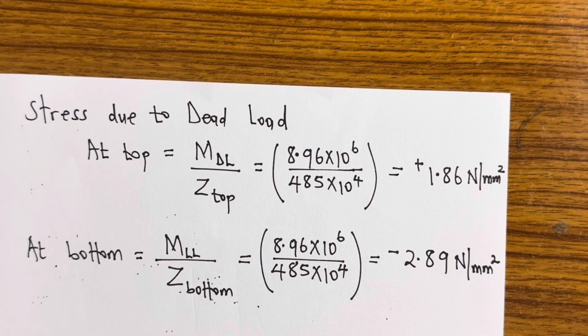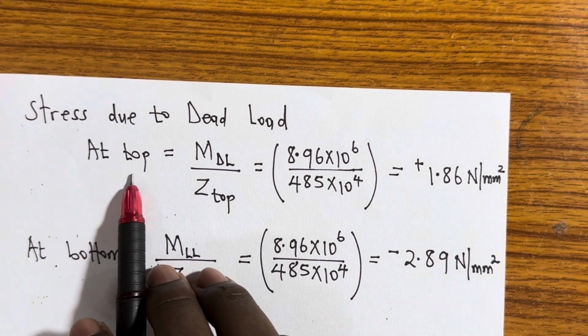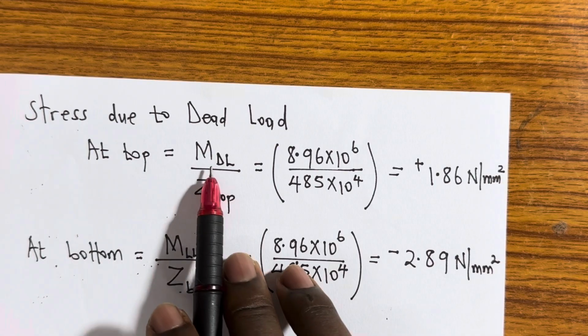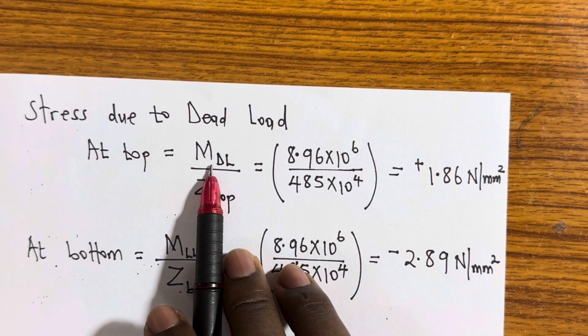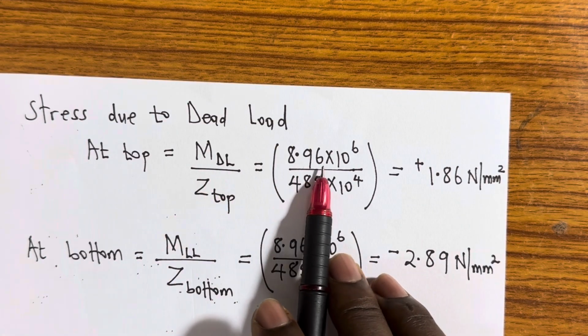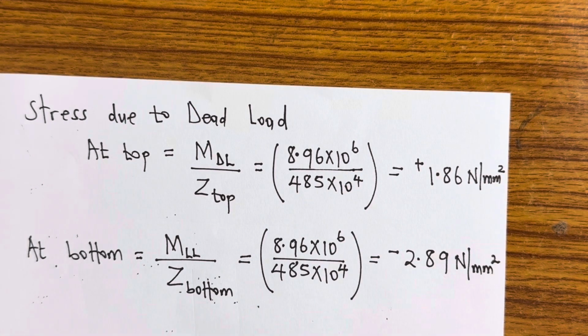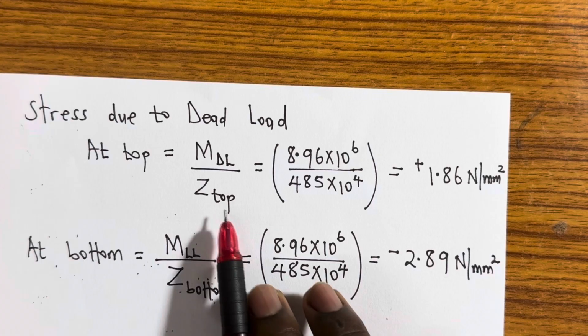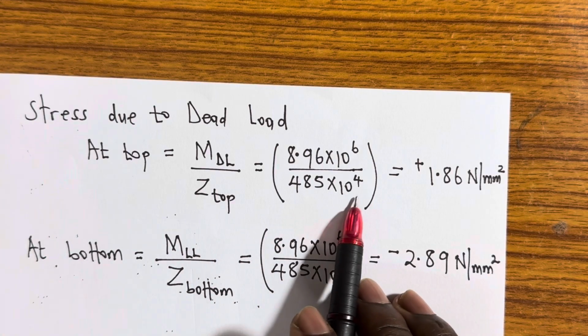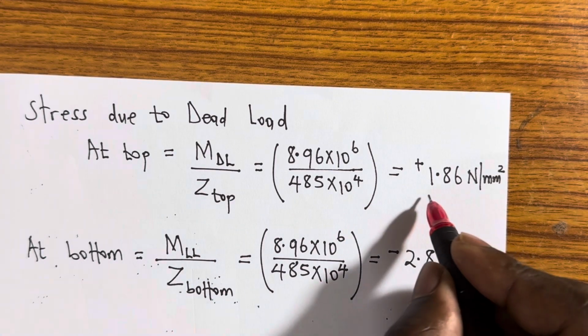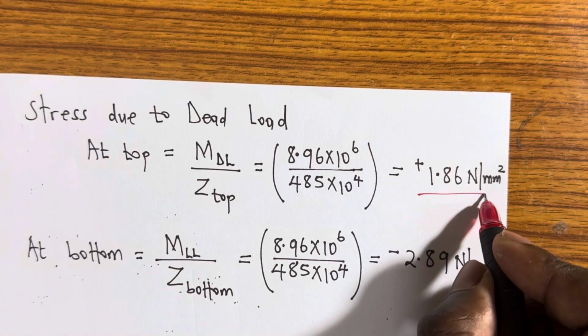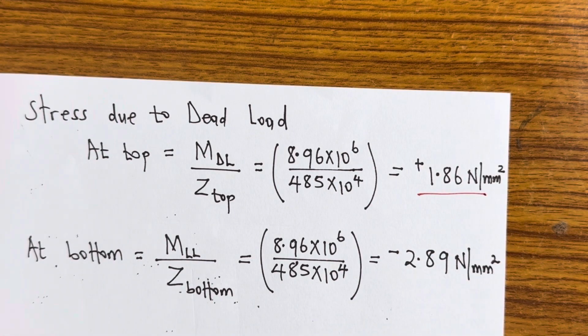Well, so the stresses due to dead loads. You realize that at the top, the moment due to dead load, we calculated it and we found it was 8.96 times 10 raised to power 6, just to convert it to Newton millimeter. So divided by Z at the top, which is 485 times 10 raised to power 4. The answer is coming to 1.86 Newton per millimeter square.